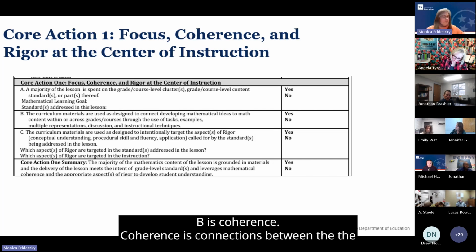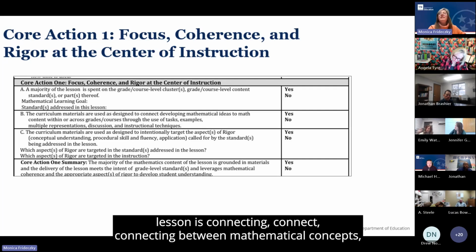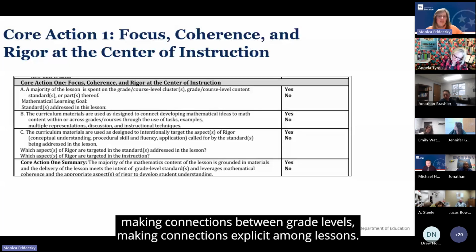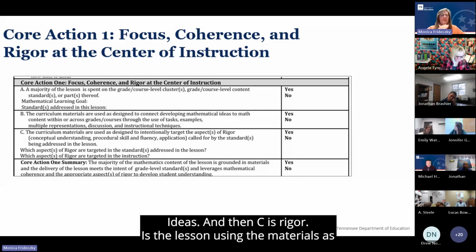B is coherence. Coherence is connections between the lesson, connecting between mathematical concepts, making connections between grade levels, making connections explicit among lessons and ideas. And then C is rigor.